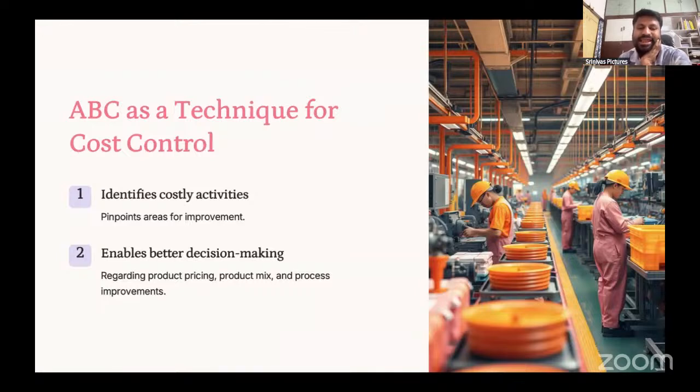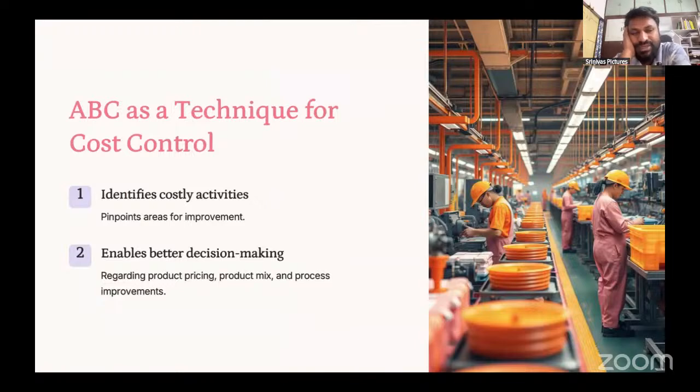Second, it enables better decision making regarding product pricing, product mix, or process improvement. Once you identify the cost, then you are able to decide the price of the product. When you know the cost of the product, only then can you know the price. In fixing prices, we use activity-based costing.